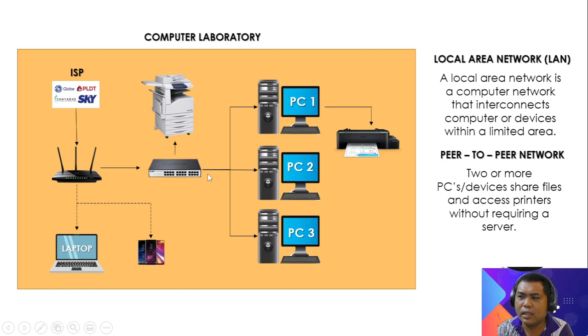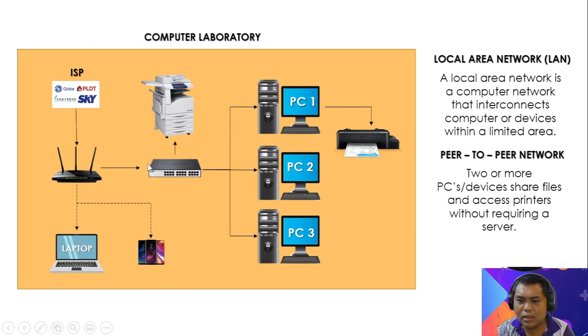So, what is a local area network? A local area network is a computer network that interconnects computers or devices within a limited area. So, let's say for example, in your computer laboratory, there are computers connected to a switch.